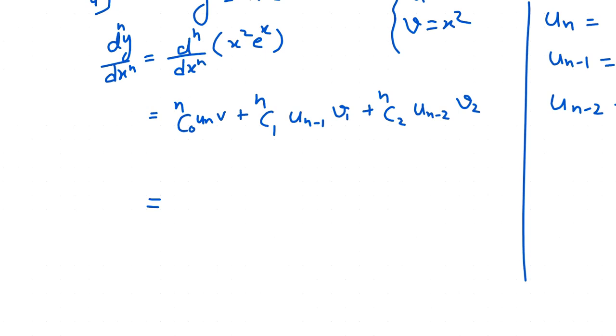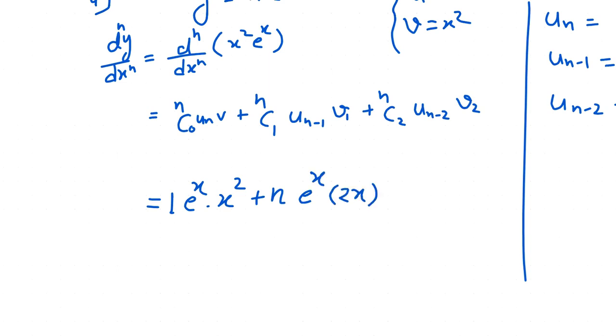So nC0 is 1 into u_n, which is e to the power x, and v is x square. nC1 is n, and u_(n minus 1) is also e to the power x, and v1 is 2x.